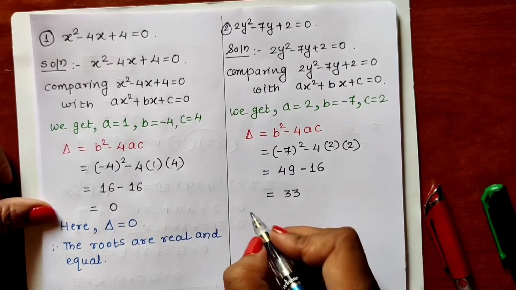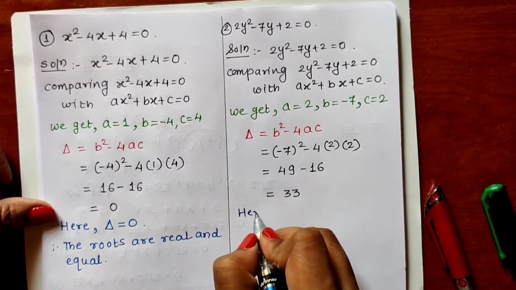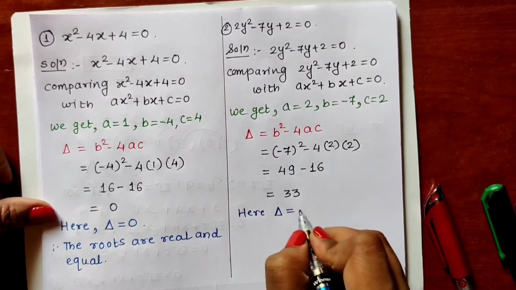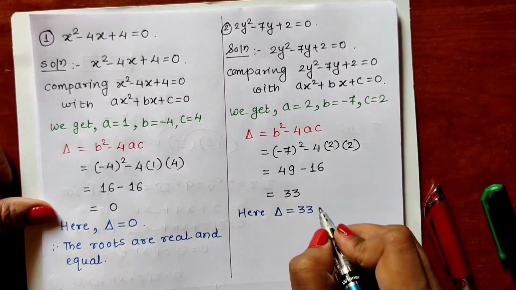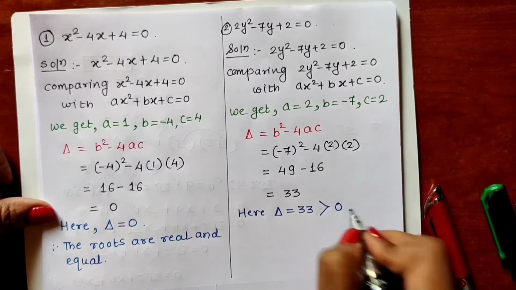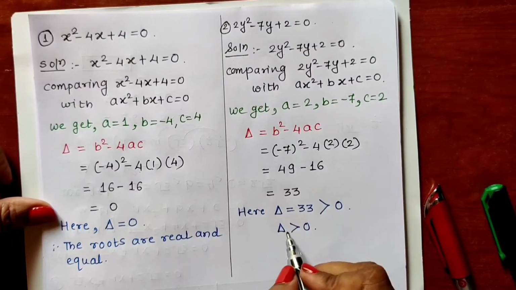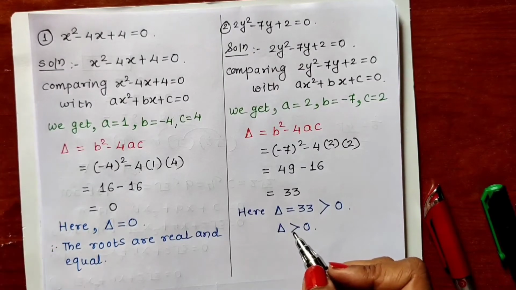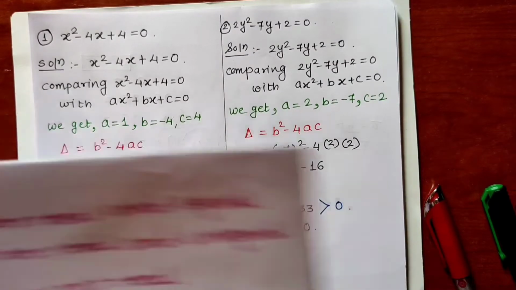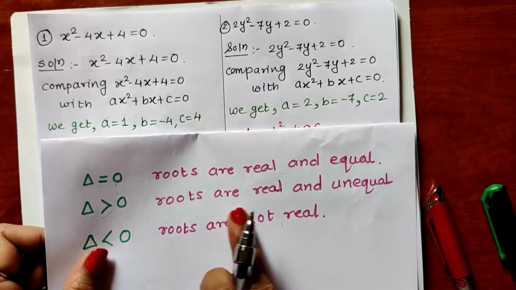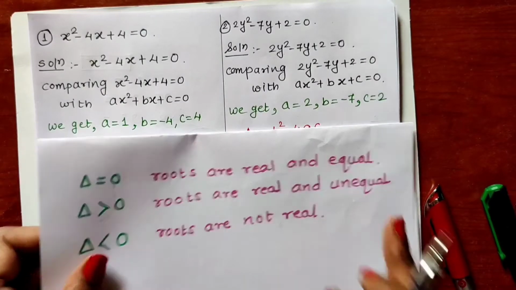So what should be written? 33 is bigger than 0, correct? Here delta is equal to 33, which is greater than 0. Delta is greater than 0. So when delta or discriminant is greater than 0, what is the nature of root? When delta is greater than 0, roots are real and unequal.